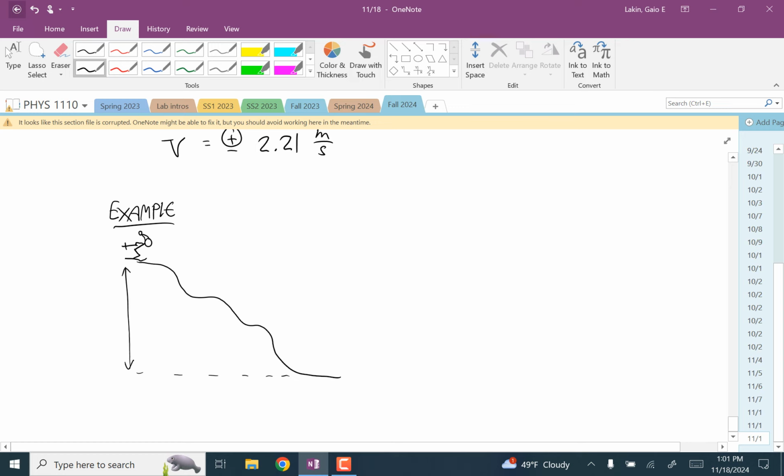Let's say the height of the hill is, what did I say before? Let's say this is 10 meters high. That's not much of a ski hill. And let's say the skier starts at rest. How fast will the skier be going at the bottom of the hill?